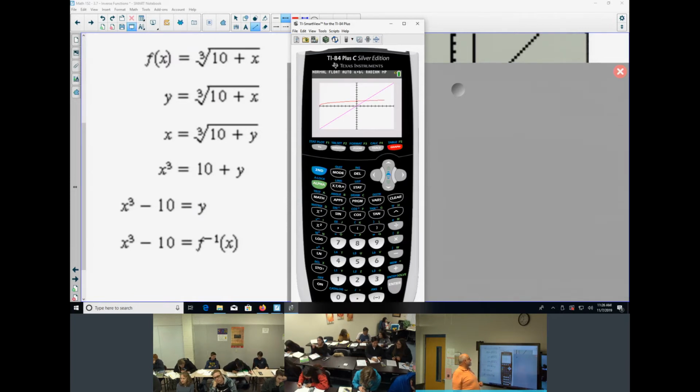There's your original. And there's your inverse. So again, it's a little bit stretched, so I'm going to do zoom square. So zoom 5. And so it'll look a little more symmetric now. But it does work. Okay? Any other questions on that one?